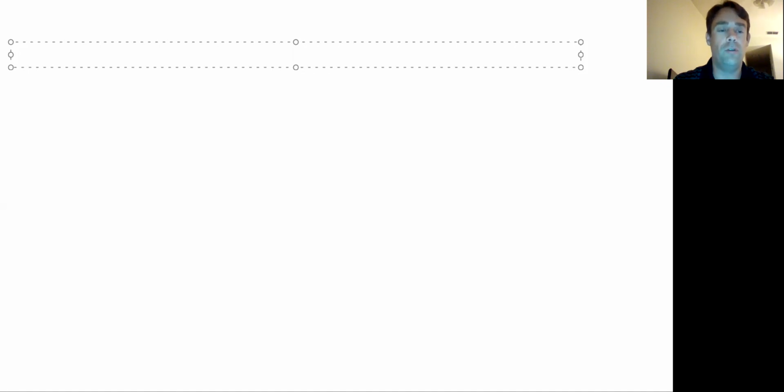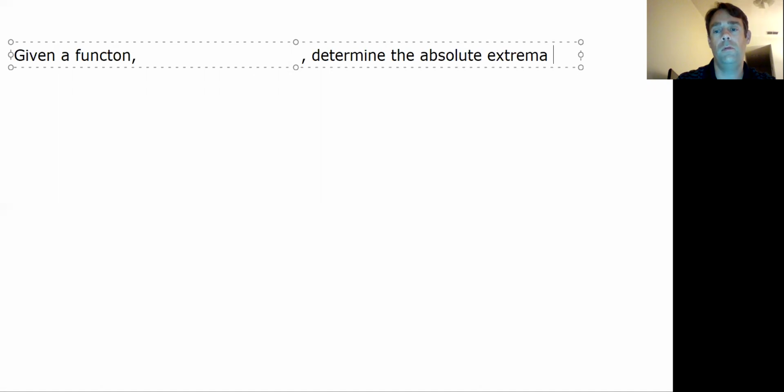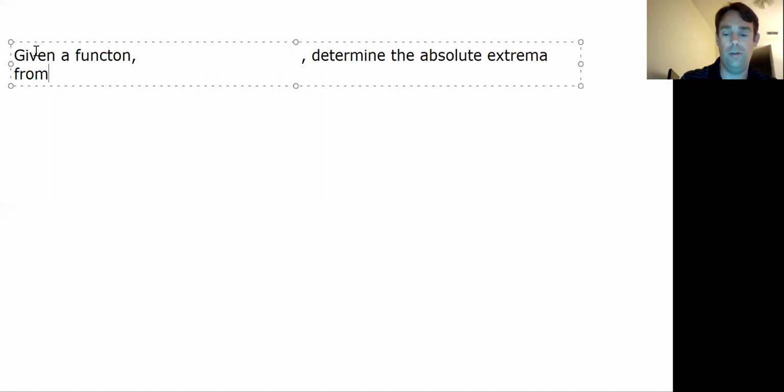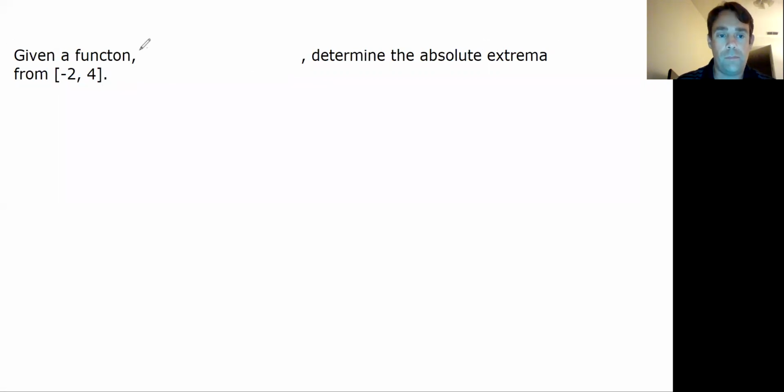Anyways, here we go. Given a function, I'm going to write it here in a second. Determine the absolute extrema from the closed interval from -2 to 4. So I'm giving you guys a closed interval. Now here's the function I'm going to give you. I don't want green, I want black.